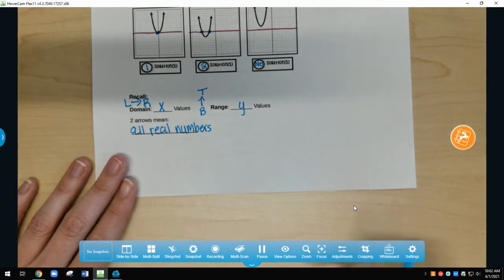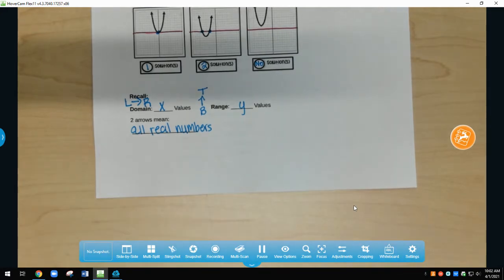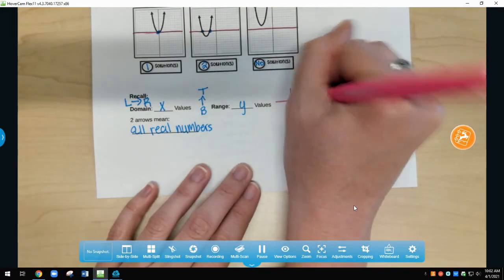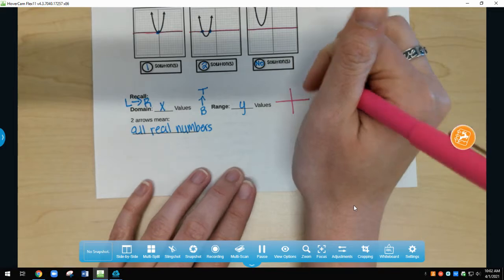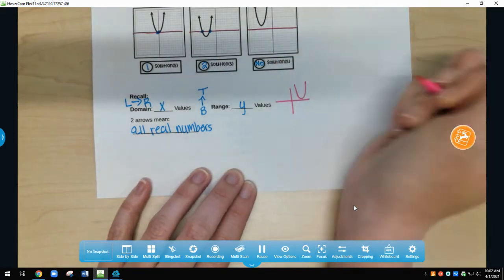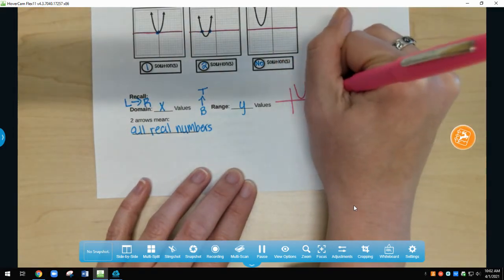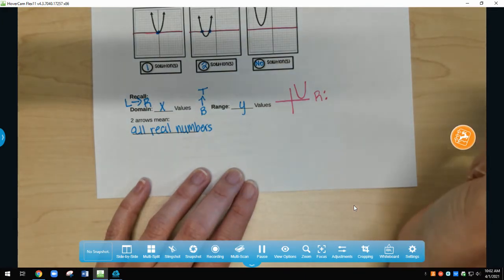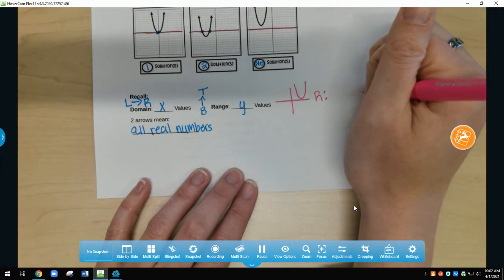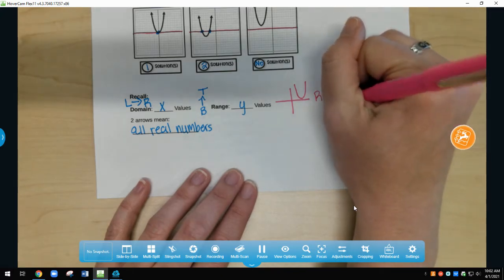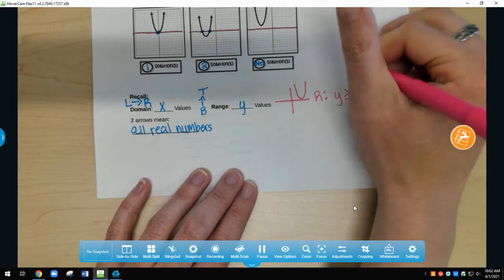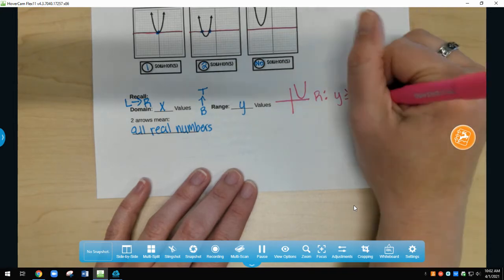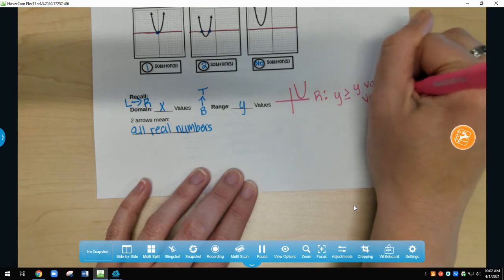Okay, so with quadratics, when you're dealing with range, you're going to have two options. If your quadratic opens up, okay, it's going to be written as an inequality, but not with the variable in the middle. We just need one inequality. So if it opens up, it's going to be y is greater than or equal to the y value of the vertex.